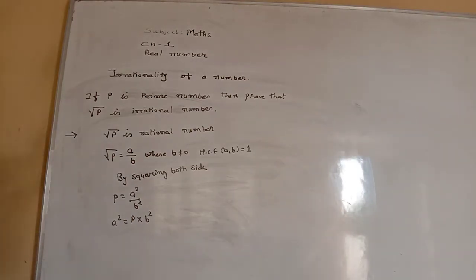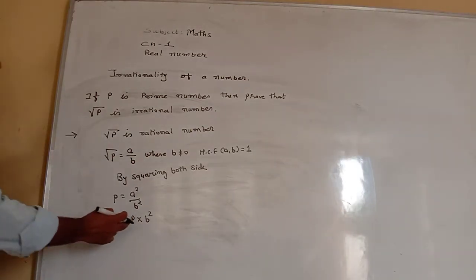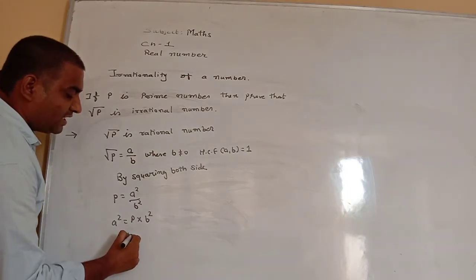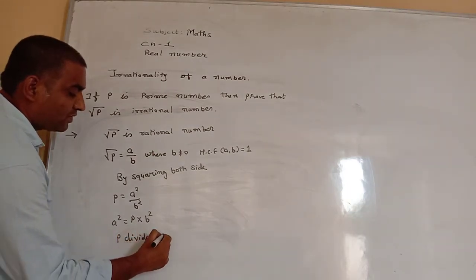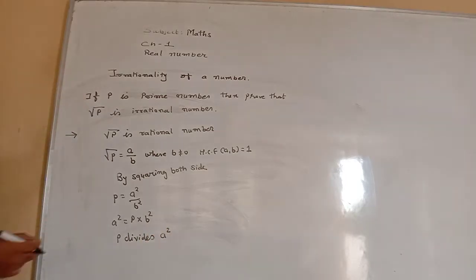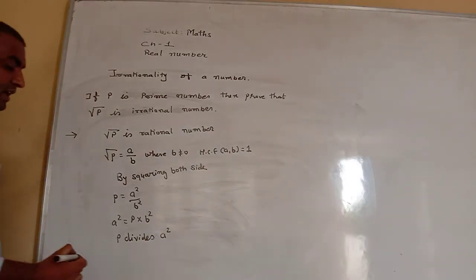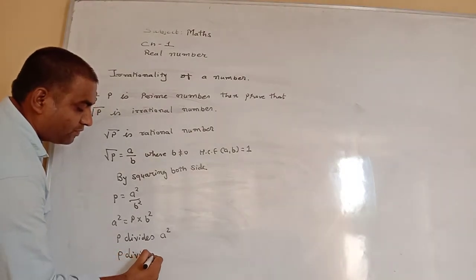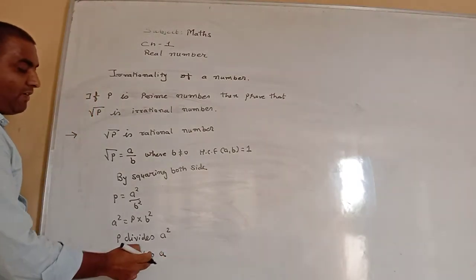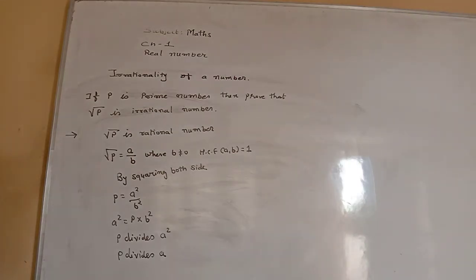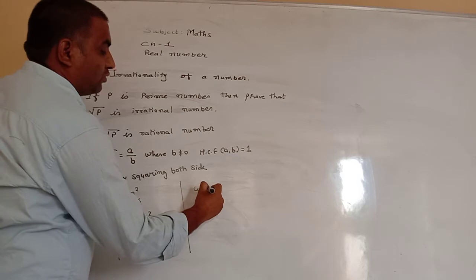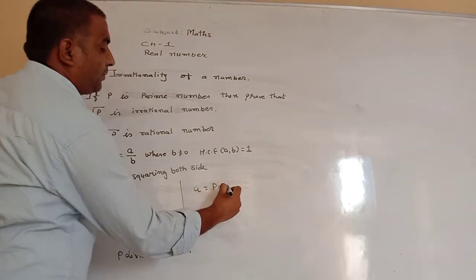So a square equals p multiply b square, that means p divides a square. Now we know that if p divides a square, then p divides a. So p divides a, that means a equals p multiply m.